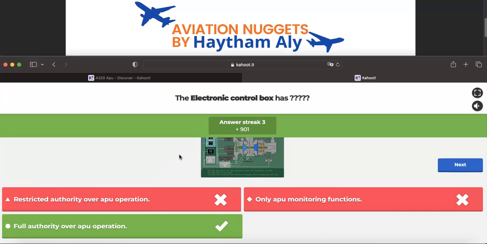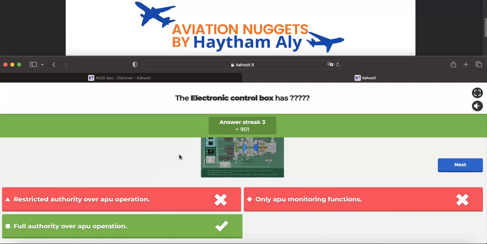If you initiate a shutdown of the APU from the external electrical power, the APU will go to emergency shutdown and it will shut down immediately without cool down cycle.